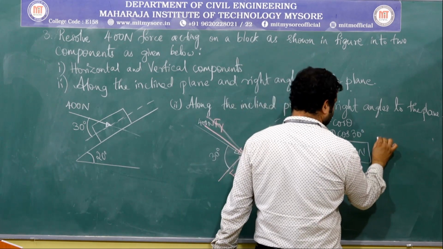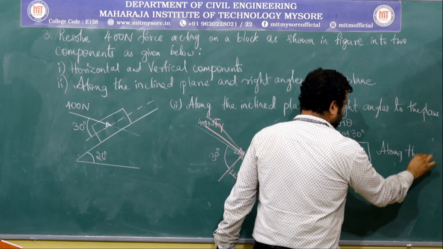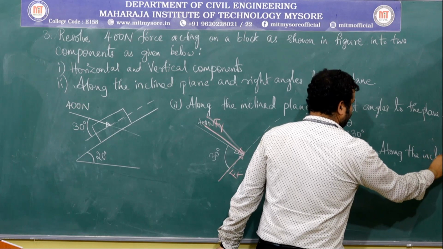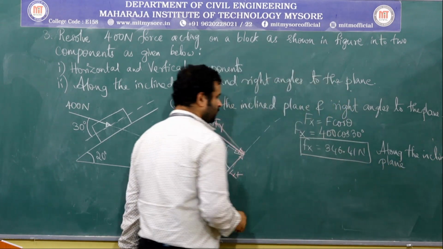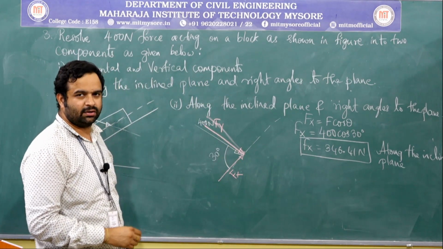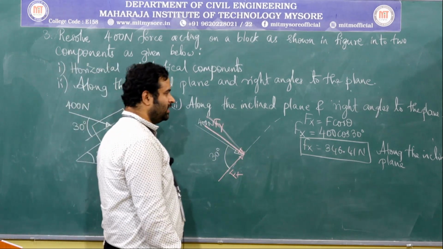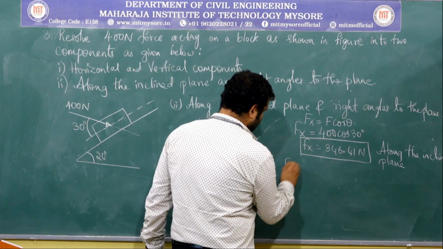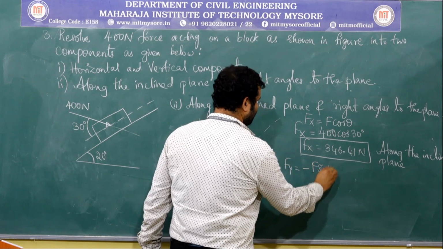This is along the plane, along the inclined plane. Next, you want to determine the component which is perpendicular to the inclined plane, or that right angles to the inclined plane, that is Fy is equal to minus F sin theta. Why minus?